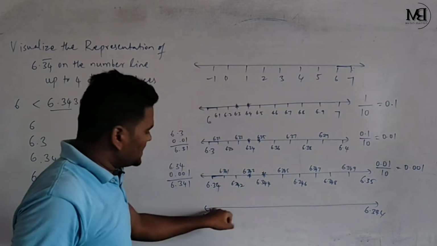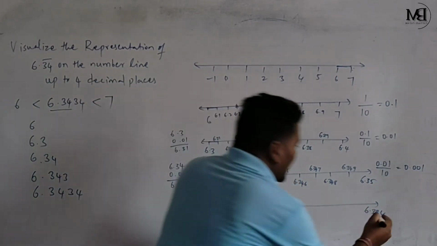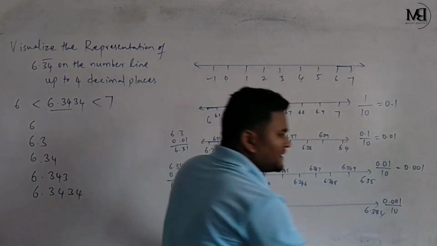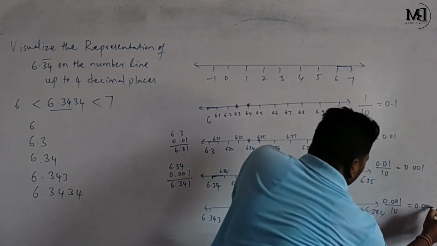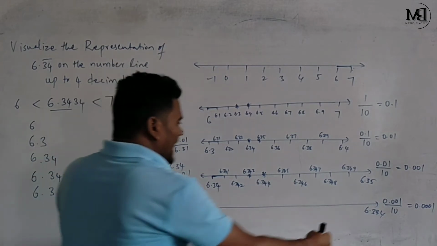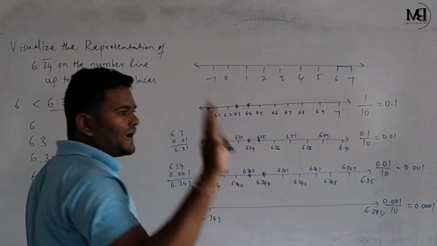Now I have taken 0.001 unit, and this 0.001 unit I am going to divide by 10. Then I am going to get 0.0001. Now I am going to divide this 0.001 unit into 10 parts.